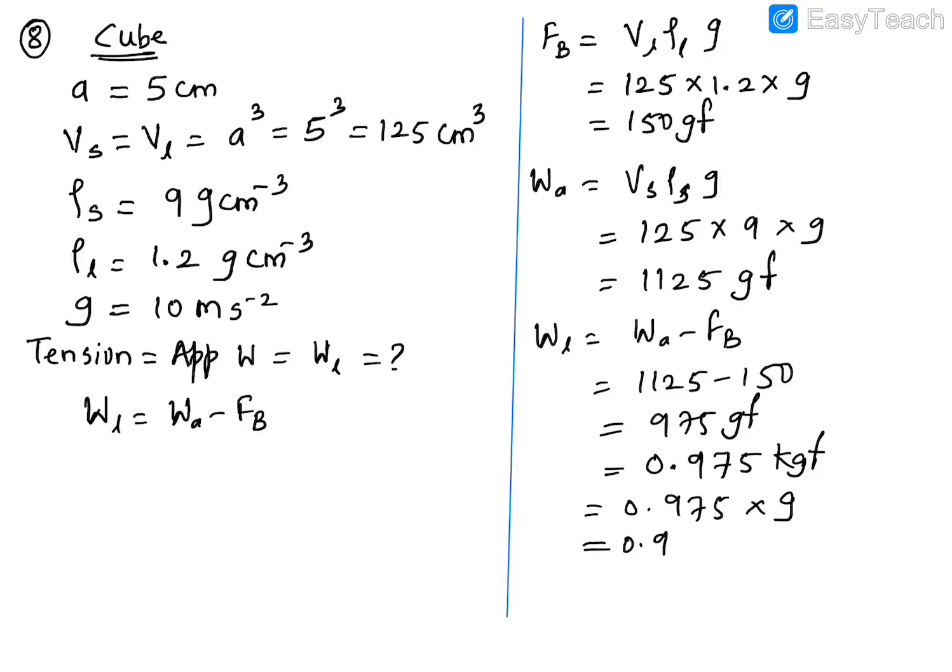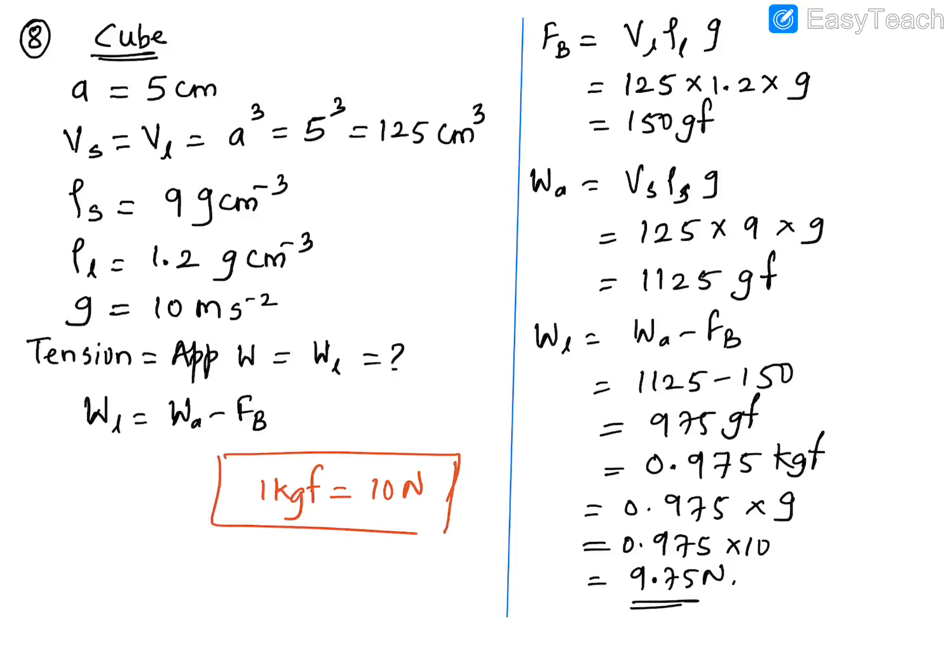And what is the gravity given to us? 10. So your answer will be 9.75 Newton. You may also learn directly that when gravity is 10, 1 kgf is equal to 10 Newton and directly convert it. But I wanted to make you understand, so I did the whole working. I think it's better if you do this whole working because it's easier than to remember.